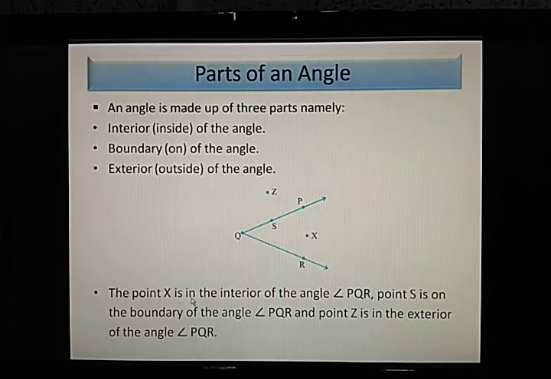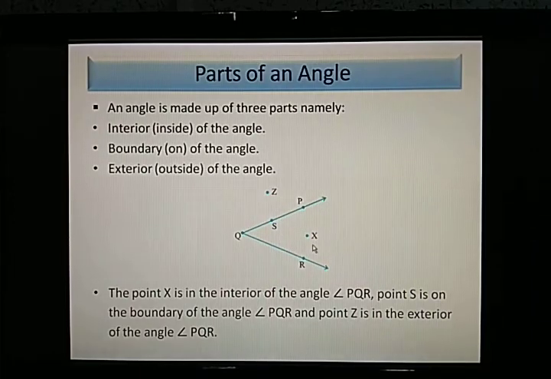The point X is in the interior of the angle. You can see point X is inside the angle. Sometimes this X can also be given inside a shaded area. In some questions, this portion of the angle can be shaded.